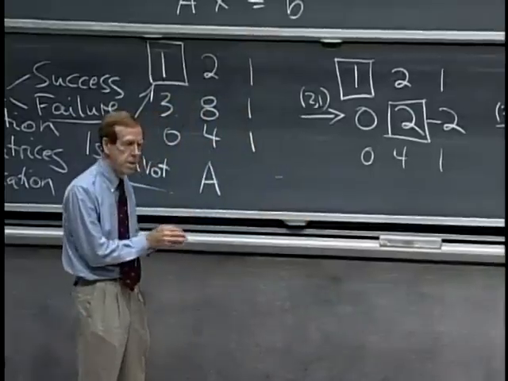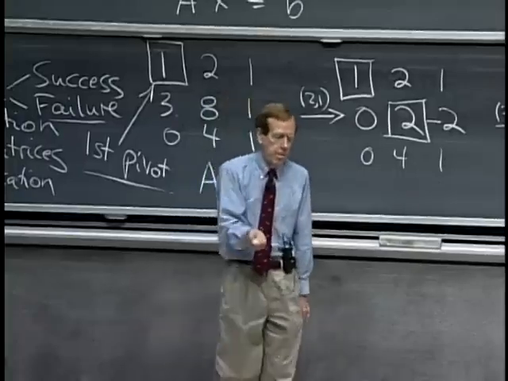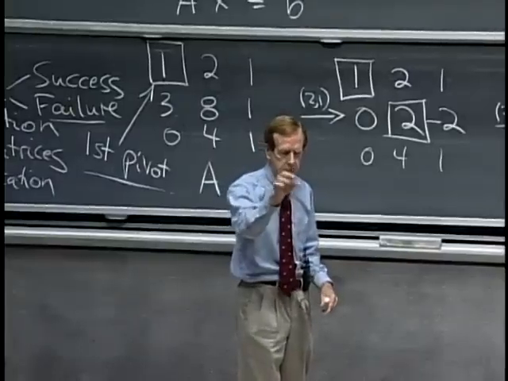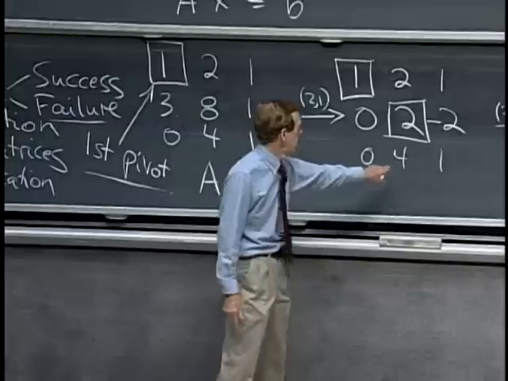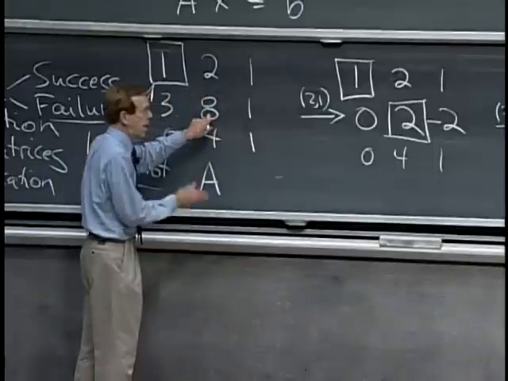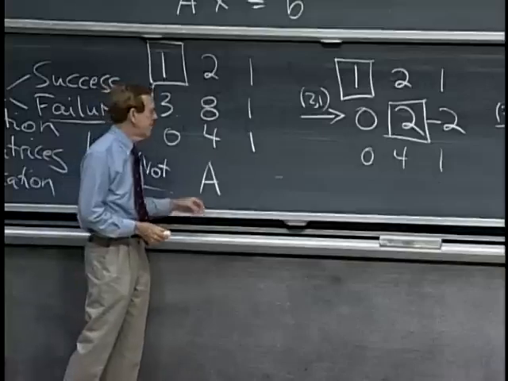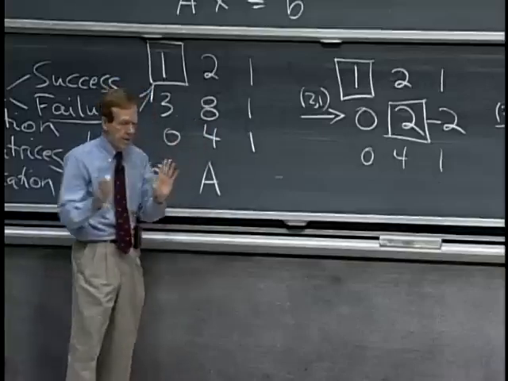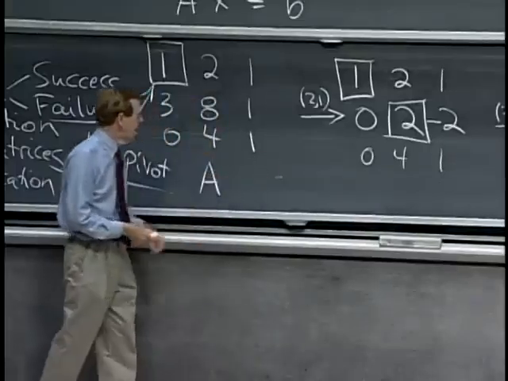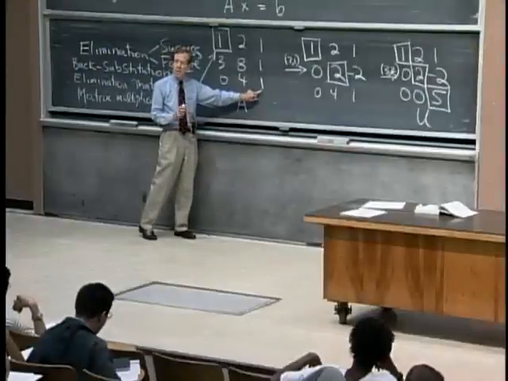When can I get out of trouble? I can get out of trouble if there's a non-zero below this troublesome 0. And there is here, so I would be okay in this case. If this was a 6, I would survive by a row exchange. Now, of course, it might have happened that I couldn't do the row exchange, that there were zeros below it, but here there weren't. Now, I could also have got in trouble if this number 1 was a little different.